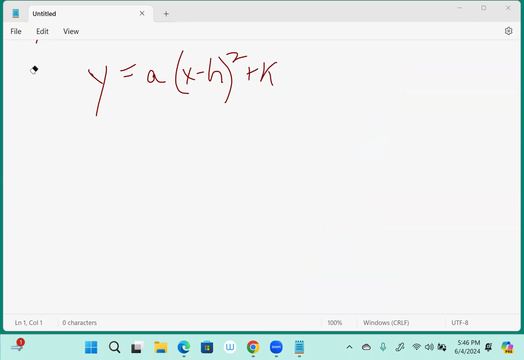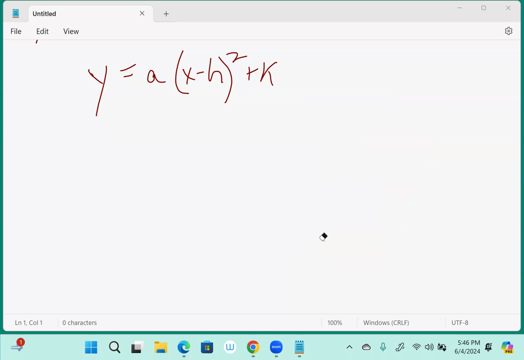In other words, the most important part of any quadratic is the vertex, because that's where either a minimum occurs, or if it's an upside down parabola, a maximum would occur. So without a doubt, the most important part of the quadratic is finding the vertex.